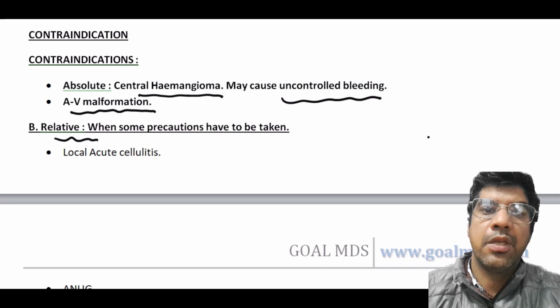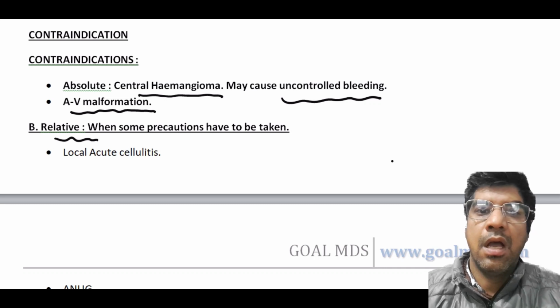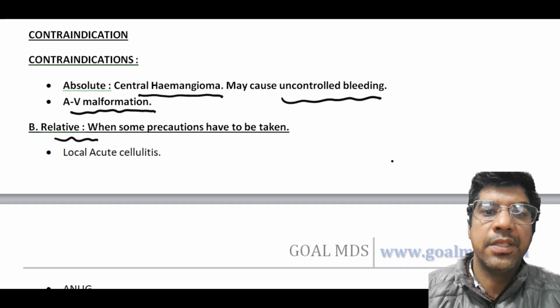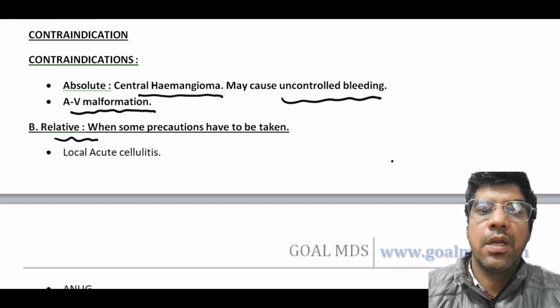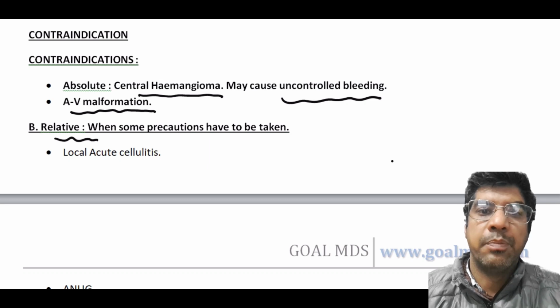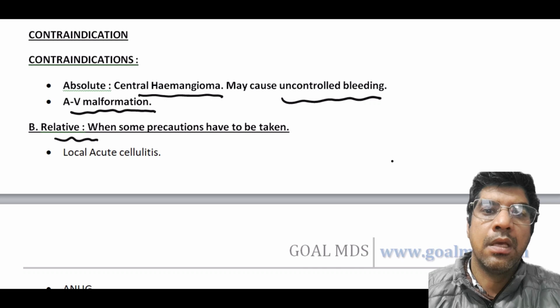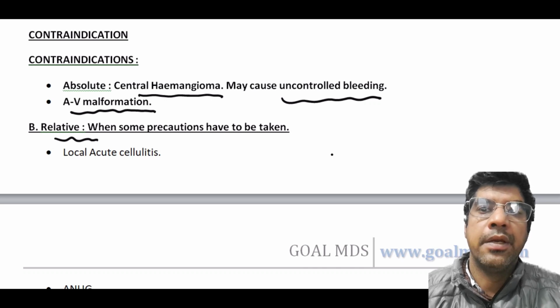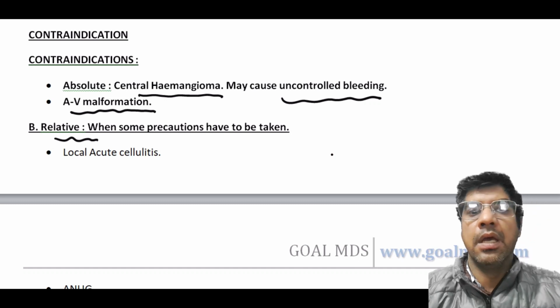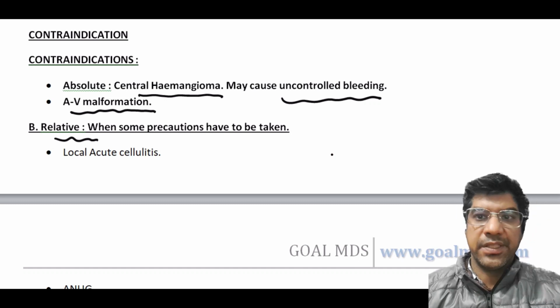Patients with acute necrotizing ulcerative gingivitis: caution is required due to the compromised state of oral tissue. Uncontrolled diabetes mellitus patients: as poorly controlled diabetic patients may have impaired wound healing, there could be an increased risk of infection.